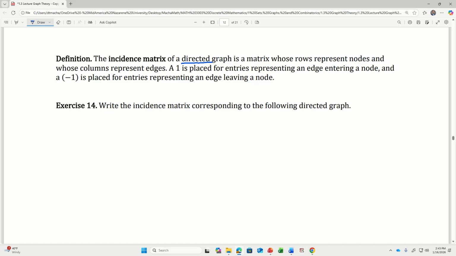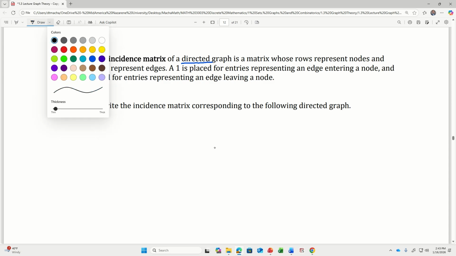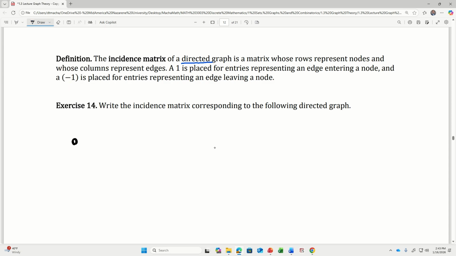What's different about an incidence matrix is that the rows represent nodes and the columns represent edges. A 1 is placed for entries representing an edge entering a node, and a -1 is placed for entries representing an edge leaving a node.